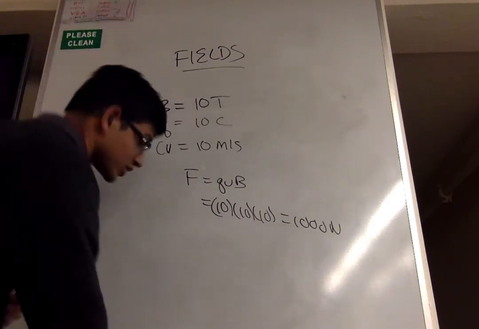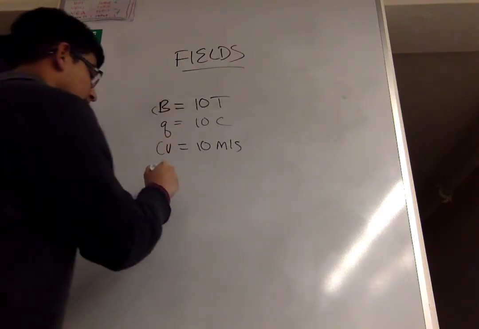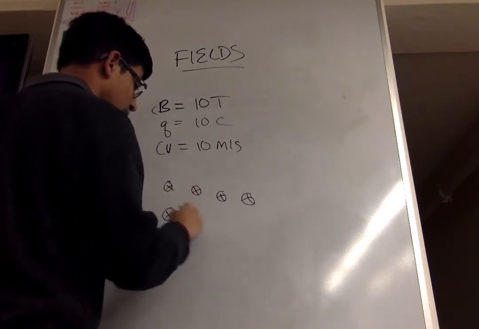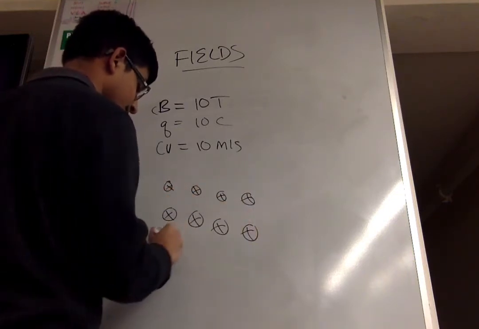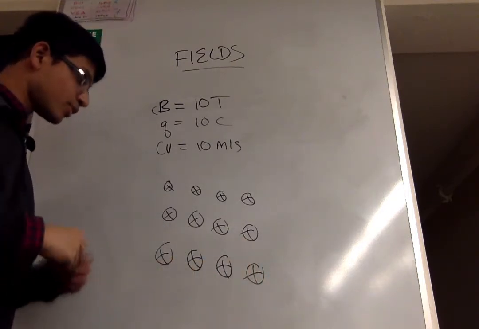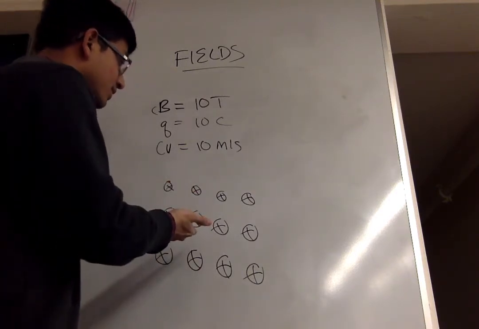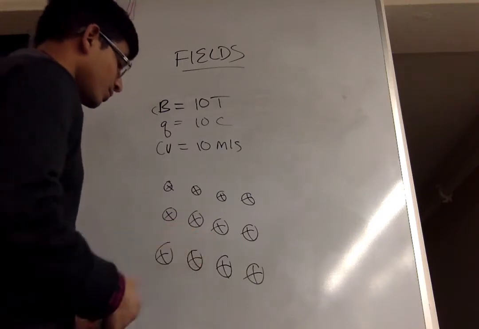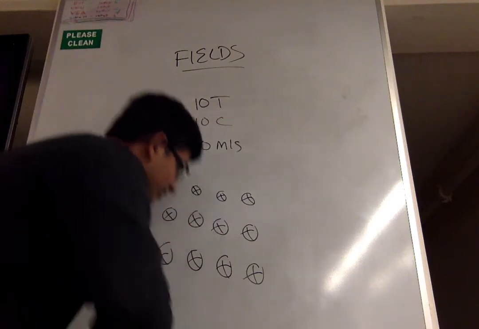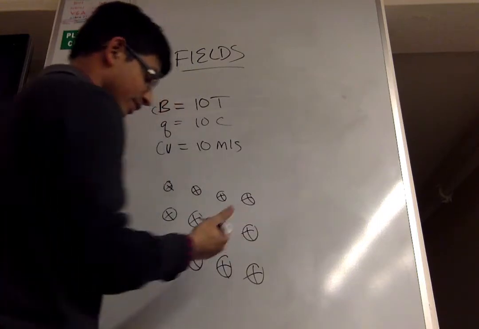And if we want to find the direction, let's say this is the setup. Suppose we had a magnetic field that's going into the page and it's uniform. And suppose we had a particle moving with a velocity v to the right.